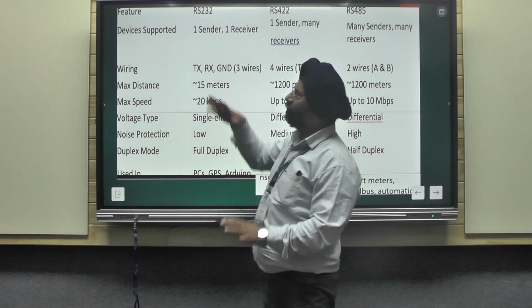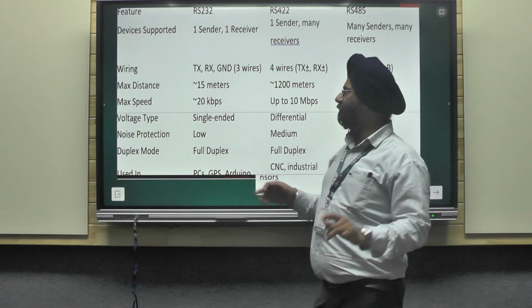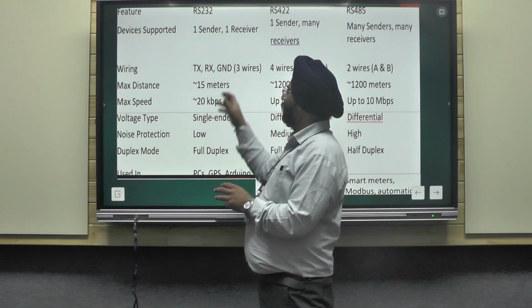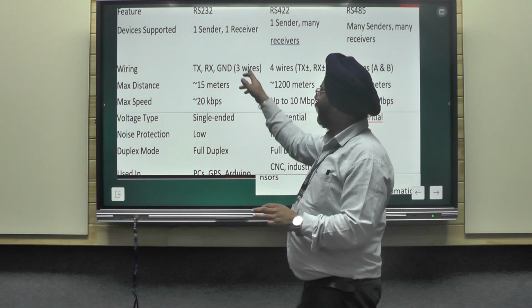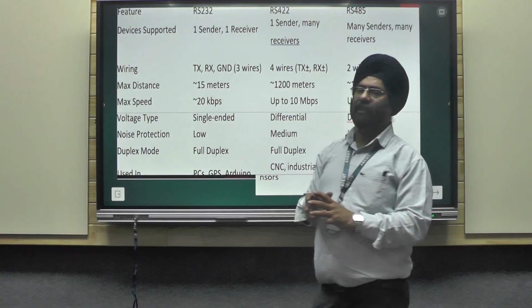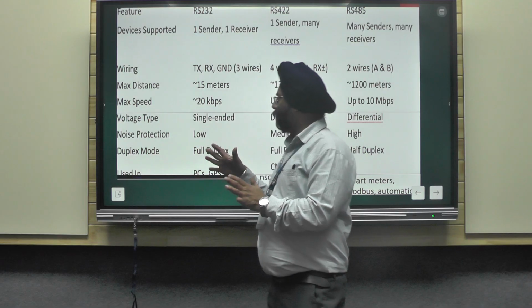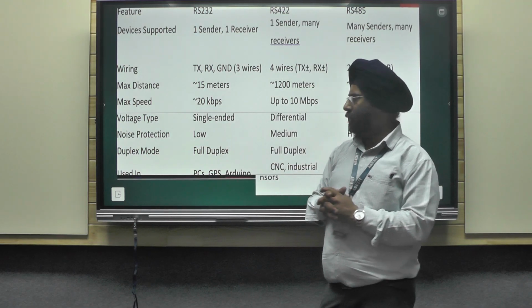I told you that there is one sender, one receiver. There are three wires, one for the transmitter, one for the receiver, and one more wire for the ground. Maximum distance it can cover is 15 meters, and the speed is from 20 kbps up to 1 Mbps.